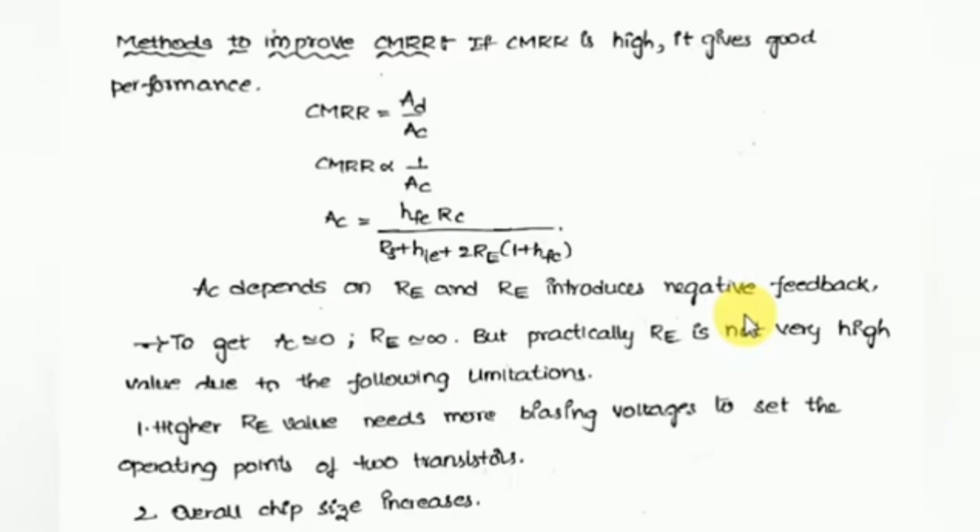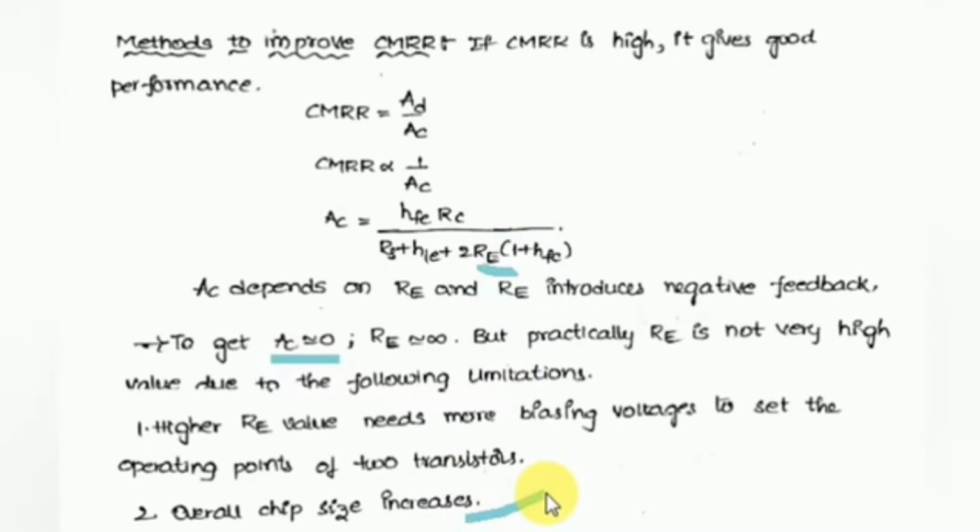In order to make the AC value almost negligible, ideally zero, we have to maintain the resistance value as infinite, meaning a very high RE value should be taken, but practically it is not possible. Why? Because the first parameter is that an increase of resistance leads to an increase in the size of the chip and also the power dissipation will be high.